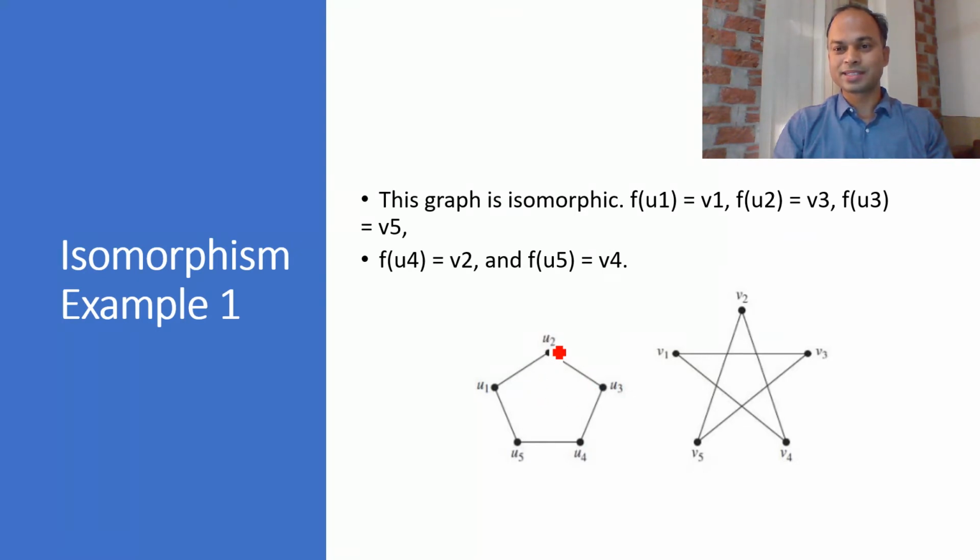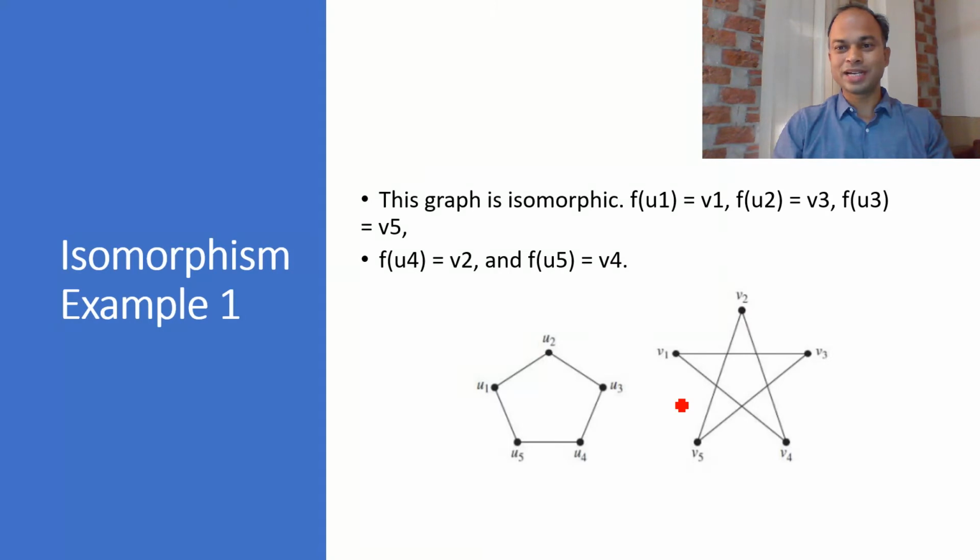This particular vertex has degree 2, and this particular vertex has degree 2. All the vertices in this graph have degree 2, and similarly here, all the vertices have degree 2. So at the degree level, both are equal. These two graphs pass the necessary conditions.